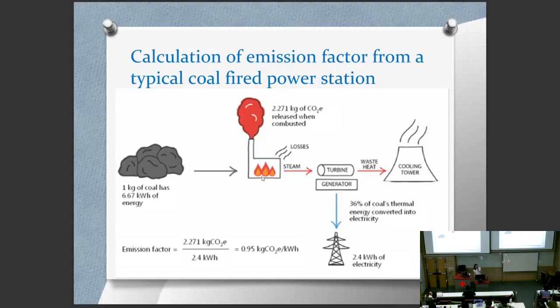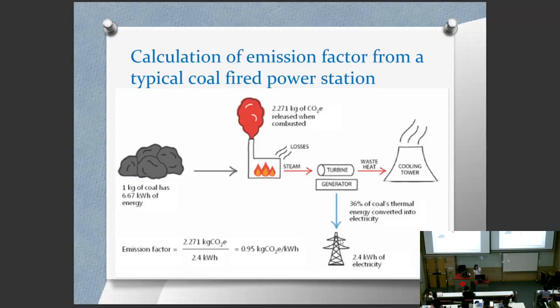And during this process, some of the energy will be lost. When you burn the coal, not 100% of energy will be released. Some will be lost, and then in the turbine there would be some waste heat, and the conversion of mechanical energy into electricity will not be perfect. There will always be some energy loss.